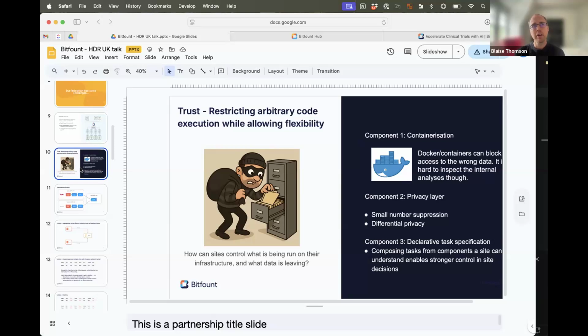And because TREs are set up to have manual disclosure at every stage, they're often set up so that there's absolutely no outgoing internet connectivity from the TRE.